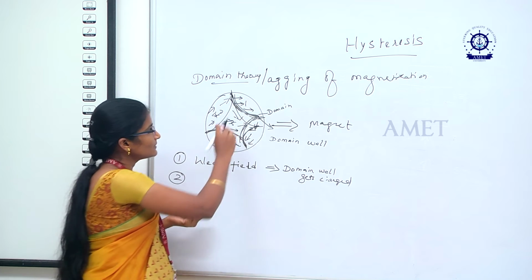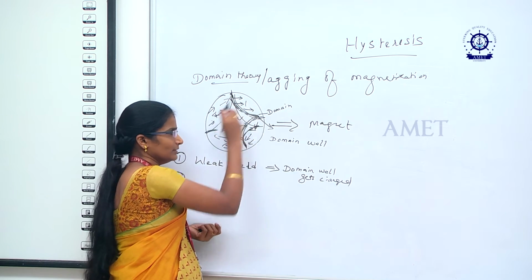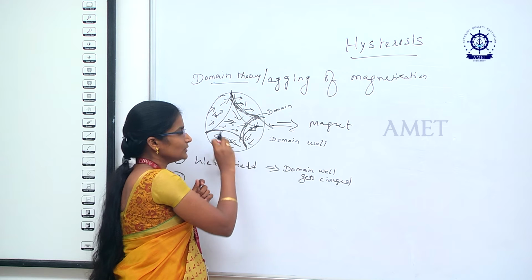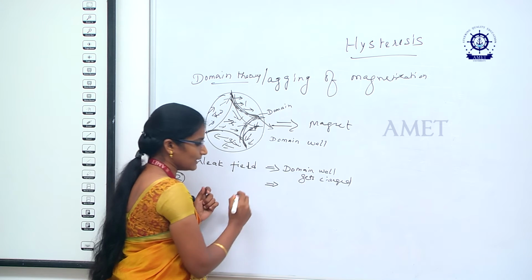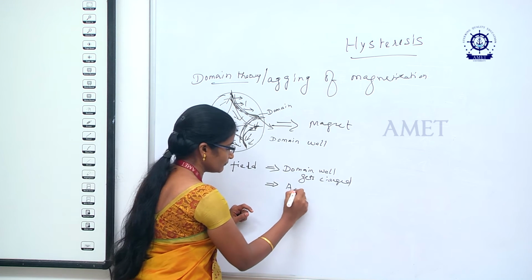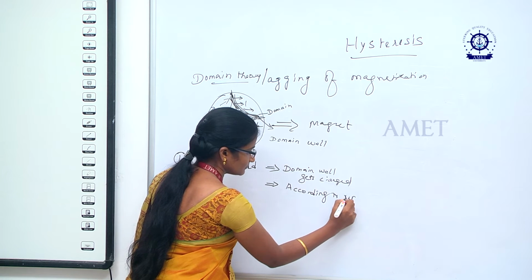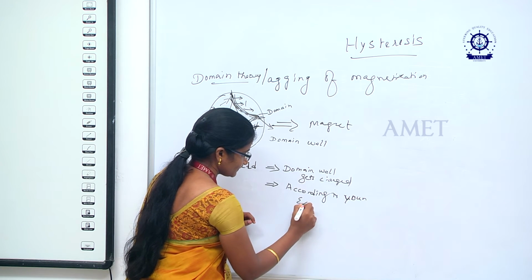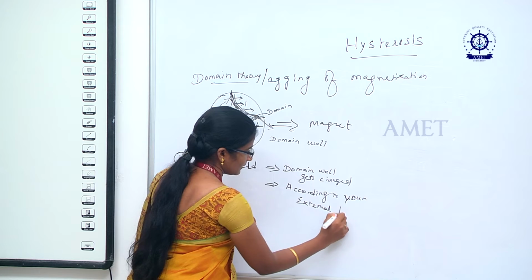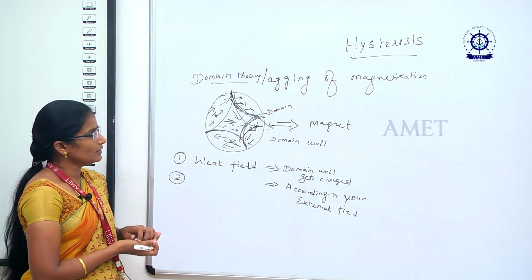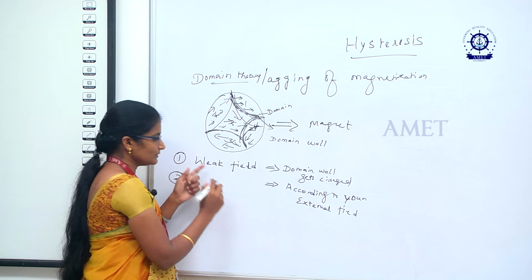At that time, note the point, some of the spins in the domain change their direction according to your external field. What will happen on the material? Some of the spins change their direction.